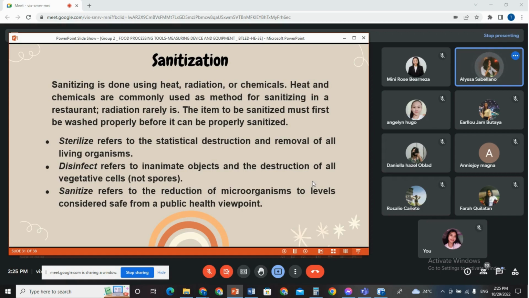Sterilize refers to the statistical destruction and removal of all living organisms. Disinfect refers to inanimate objects and the destruction of all vegetative cells. Third, sanitize refers to the reduction of microorganisms to levels considered safe from a public health viewpoint.